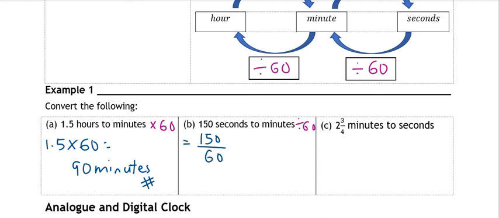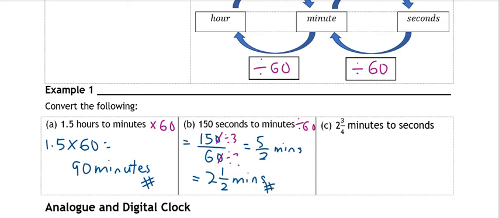When you simplify, the 0 cancels, and 15 over 6 is divided by 3 for both. So you get 5 over 2 minutes, or as a mixed number, 2.5 minutes. That's for part B.